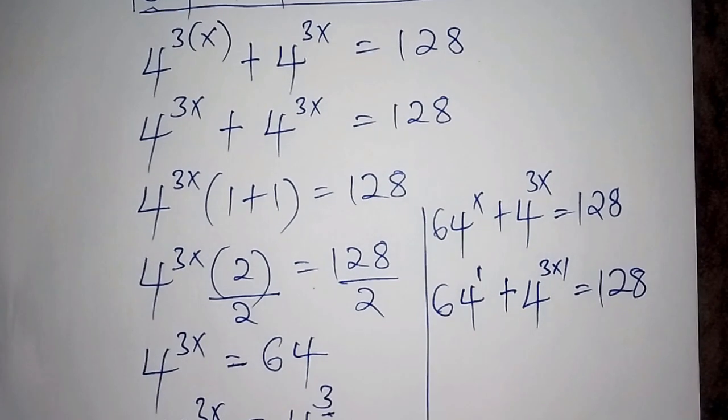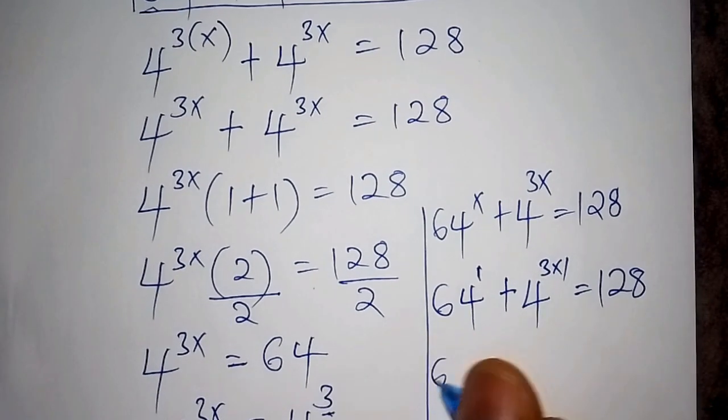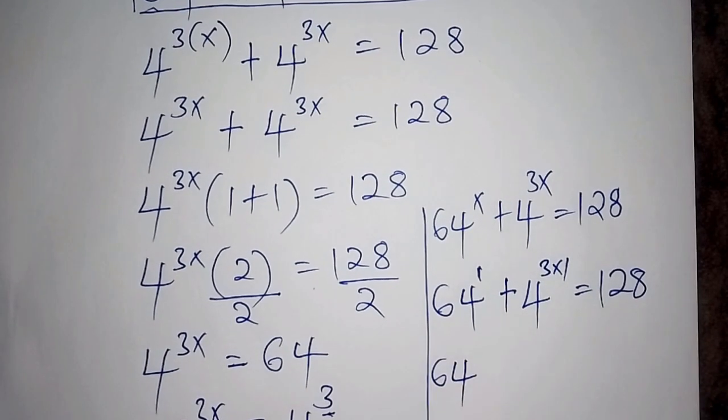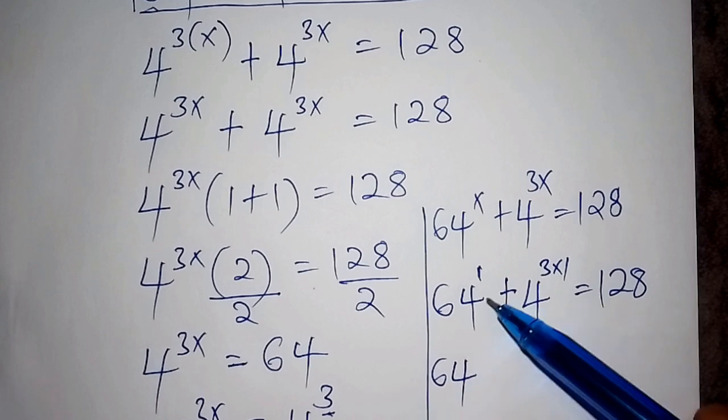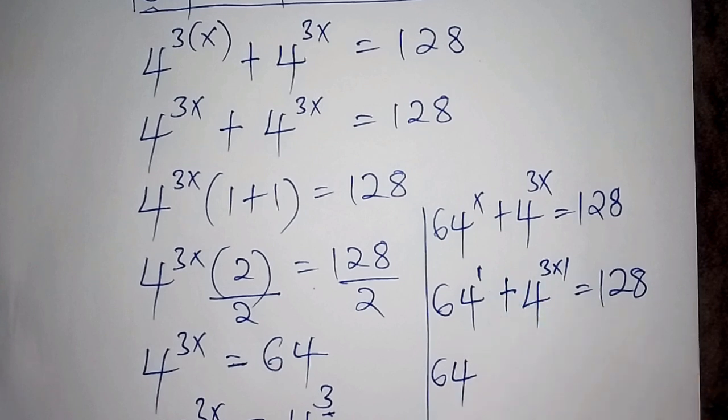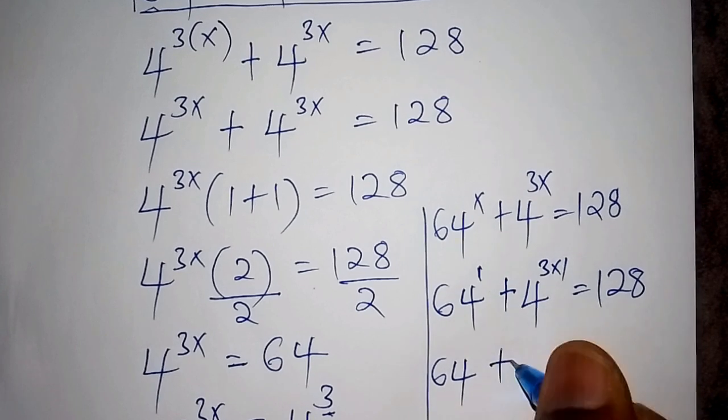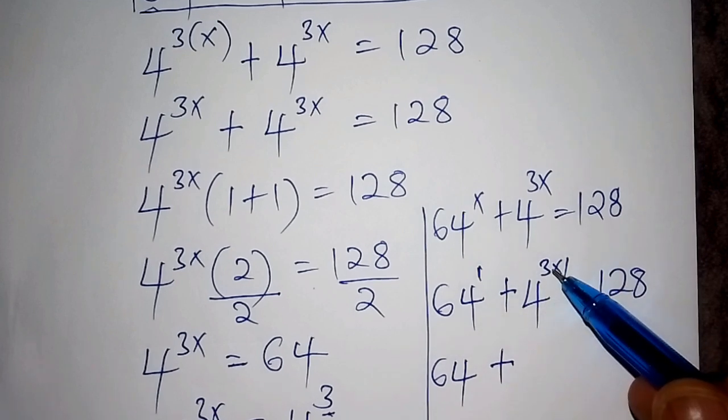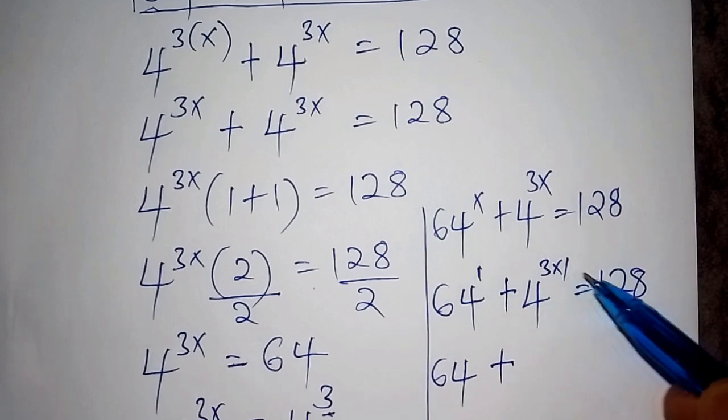When you check this, we shall have 64 there, because 64 to the power of 1 is 64. Then plus 4 to the power of 3, because 3 times 1 is 3.